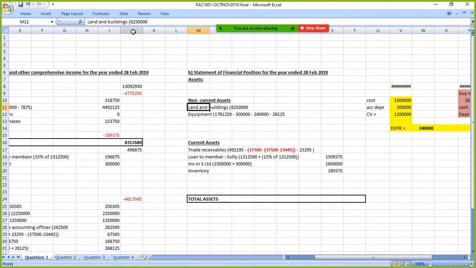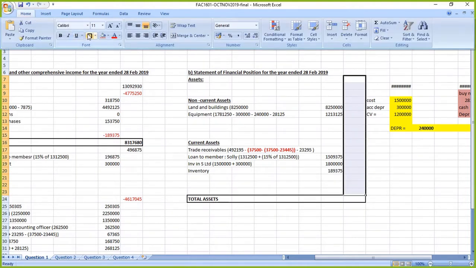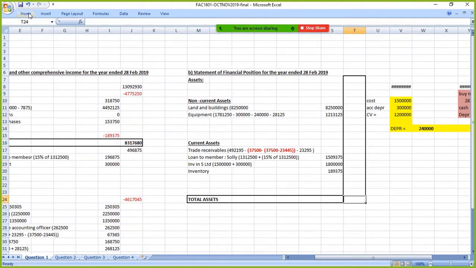Okay, there's going to be a column here. I need to work this out.